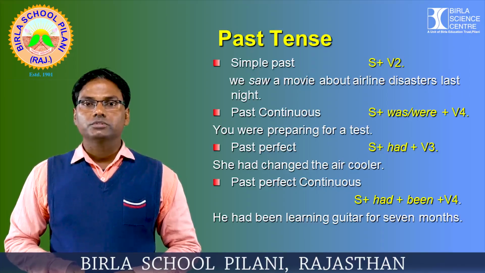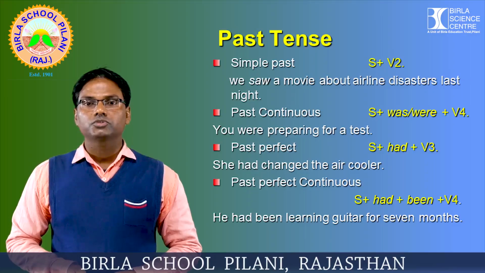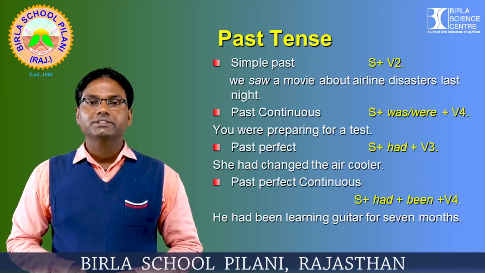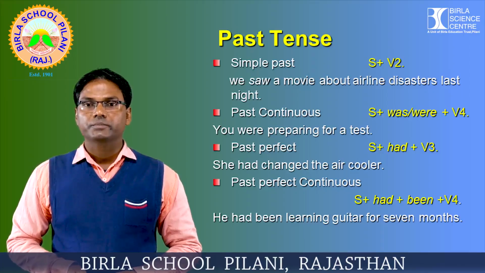As you know, the past tenses are indicative of all those works which we do in the past, and it has four forms as per the aspect of tenses. So the first form of the tenses you can say is the simple past tense.